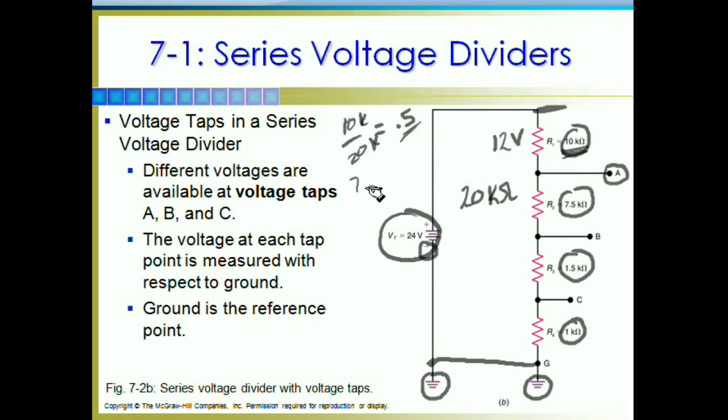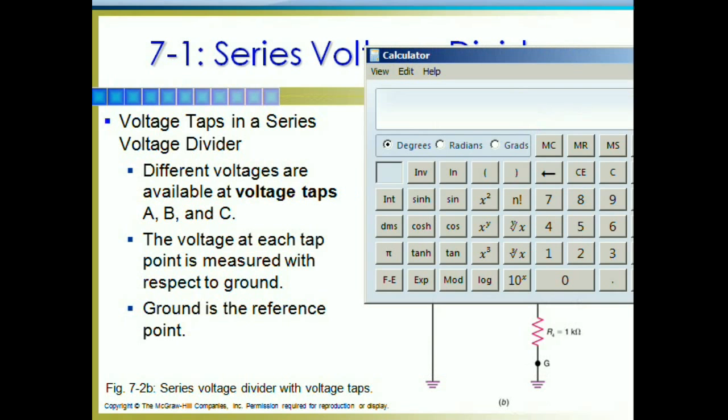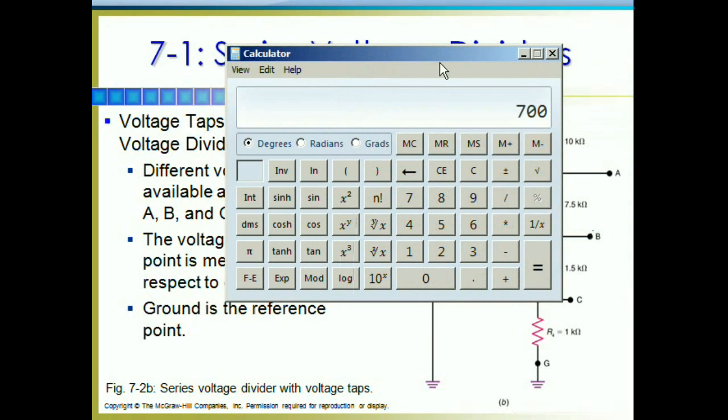So 7.5k over 20k is going to equal, let me bring up my calculator here real quick, 7,500 over 20,000 equals, well, 37.5%. So we'll multiply that by the total voltage, 24 volts.